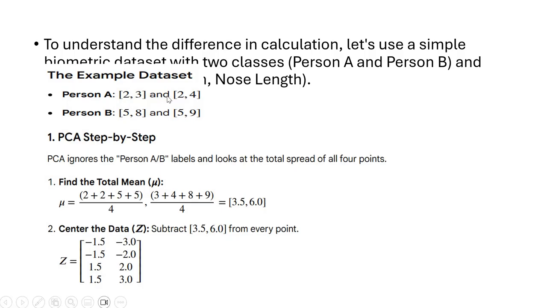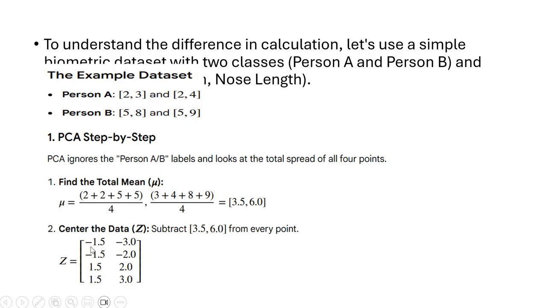The values are 2, 2 and 5, 5 for eye width, and nose length 3, 4 and 5, 8. Both persons' eye width and nose length are taken. Then we center the data, finding the X values minus the mean.